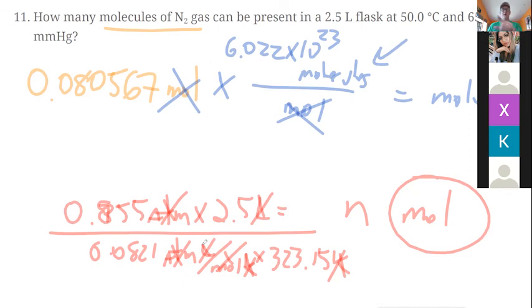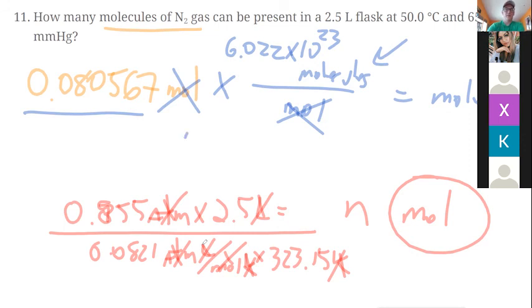So what's 6.022 times 10 to the 23rd times 0.080567? I might have input it into my calculator wrong, but is it 4.8517627?